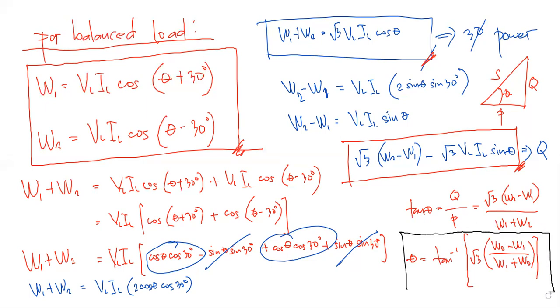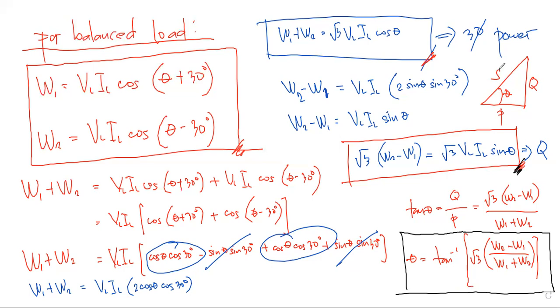The significance of this is that in actual practice, you do not need to bring your calculator just to calculate the power and the reactive power. What is used in practice is the wattmeter.